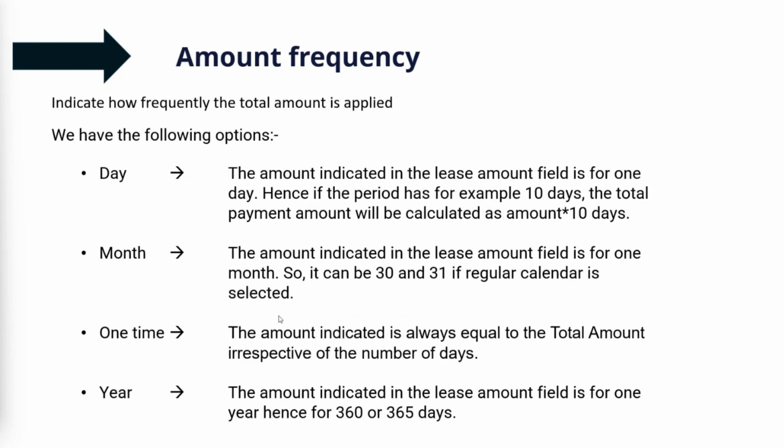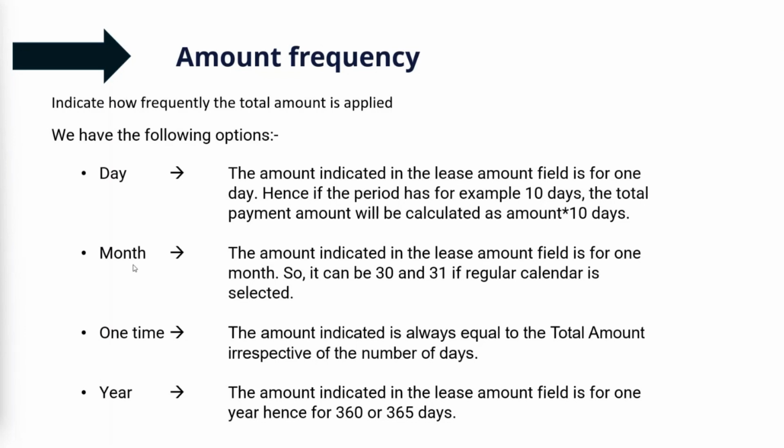And we have the amount frequency. The amount frequency indicates how frequently the amount is applied. If you select day, that means the amount in the lease amount field is for a day. Hence, if the period has, for example, 10 days, the total payment will be calculated as amount multiplied by the 10 days.